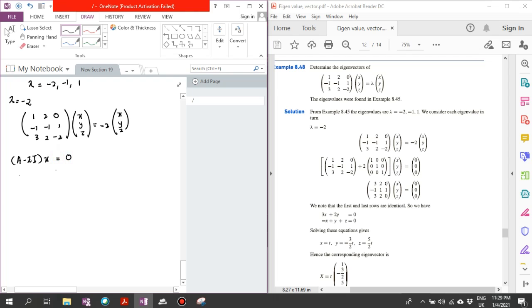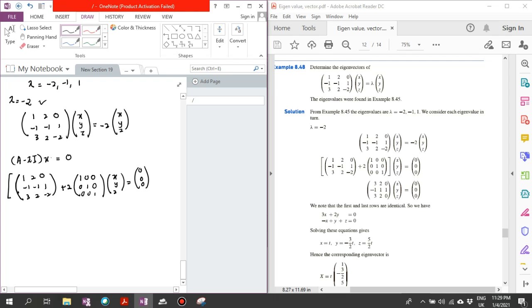So what is your A? Our A is 1, 2, 0, -1, -1, 1, 3, 2, -2. Minus lambda, where lambda is -2, becomes plus 2 times the identity, 1 0 0, 0 1 0, and 0 0 1, times x, y and z, equal to 0, 0 and 0.